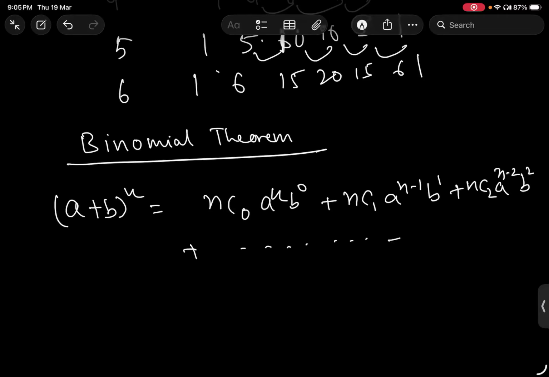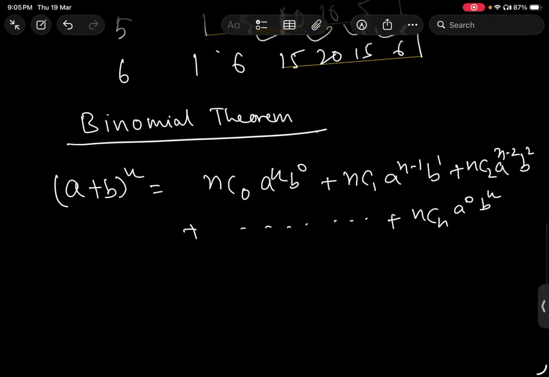Goes to nCn, a to the power 0, b to the power n. So we can observe that the power of a is getting decreased from n to 0 and power of b is getting increased from 0 to n this way.